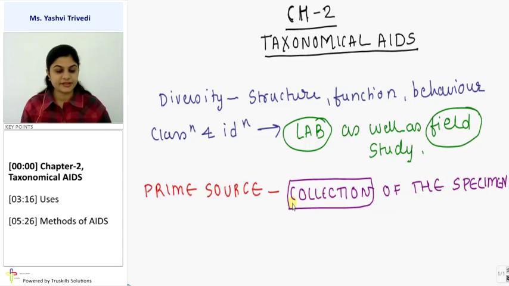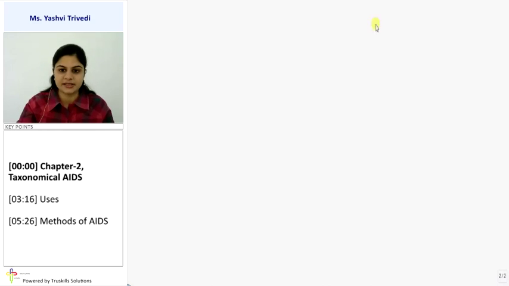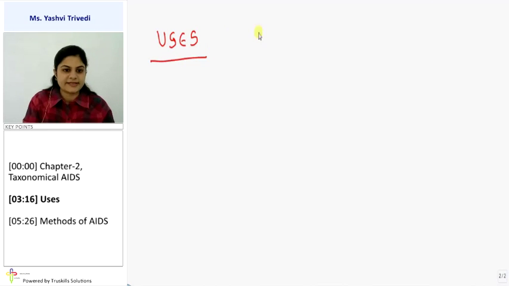Then there are various useful characteristics of the taxonomical aids. So let us see the various uses of the taxonomical aids.